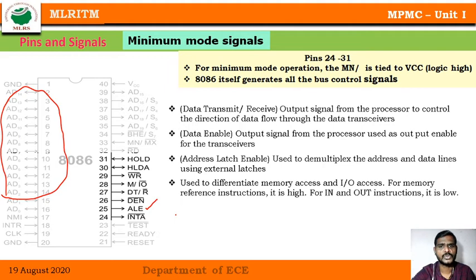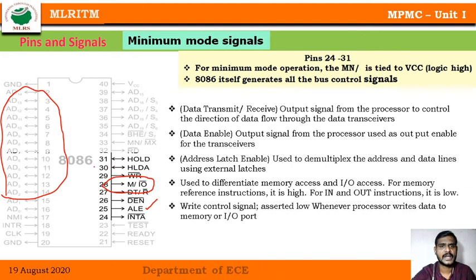And this is used to define memory access or IO access for the instruction. This M/IO bar pin indicates whether the processor is performing the task with memory or IO devices. And write bar is a signal used to indicate whether the processor is writing information or not.